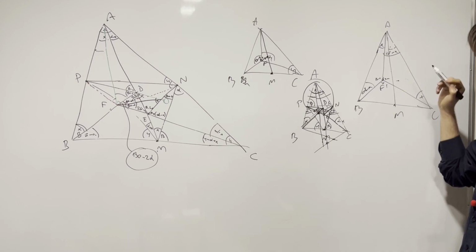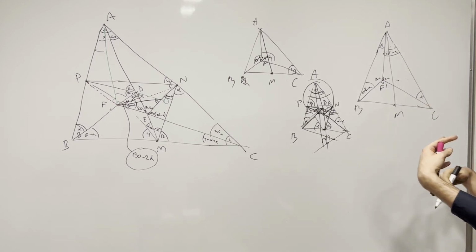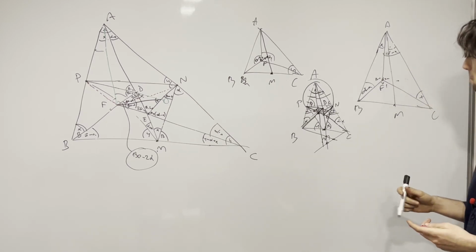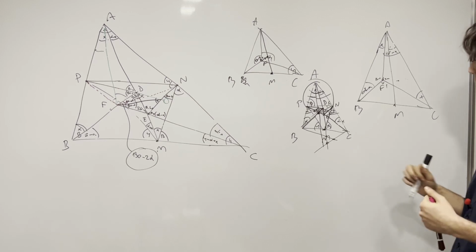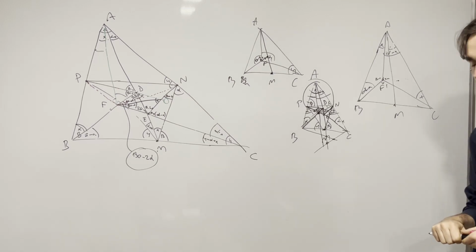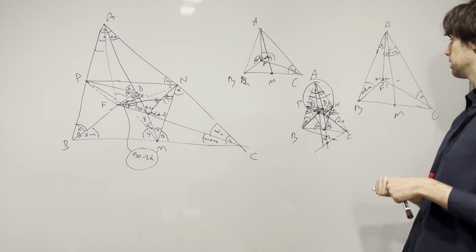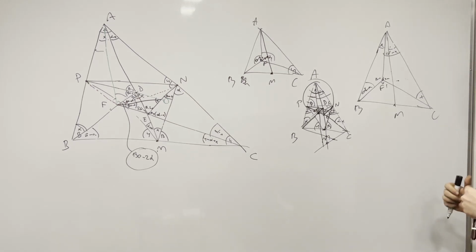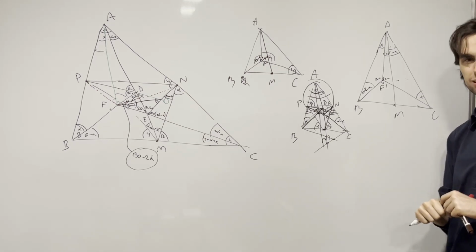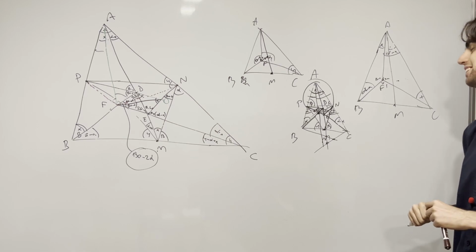Now I have these triangles. They are similar. And what am I going to do with that similarity? Well, there are a bunch of things I could do to prove this. The simplest thing to prove here is trigonometry.